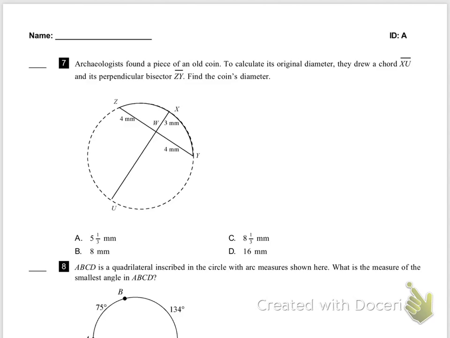So the first question that I am going to go over is from the calculator portion of the practice test, number 7. Archaeologists found a piece of an old coin. To calculate its original diameter, they drew a chord XU and its perpendicular bisector ZY.